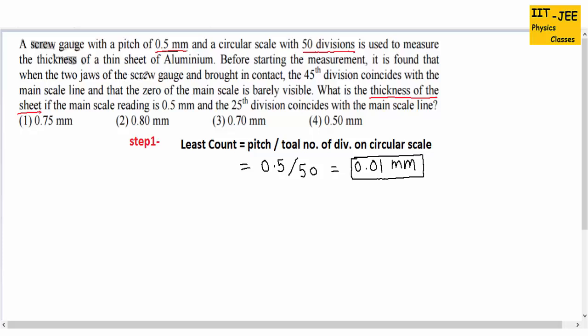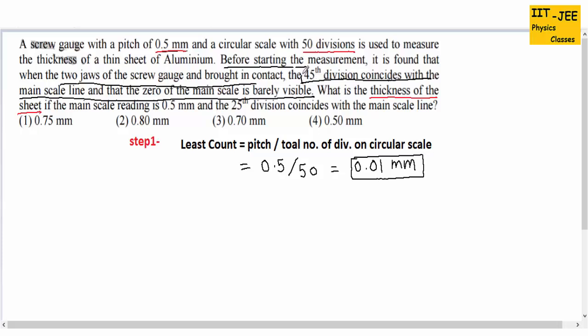Next, information is given that before starting the measurement, it is found that when the two jaws are in contact, and we are going to use this information to find the zero error. If you have watched screw gauge part 2, when we were finding zero error, we brought the two jaws of the screw gauge in contact, then found the coinciding circular scale division.